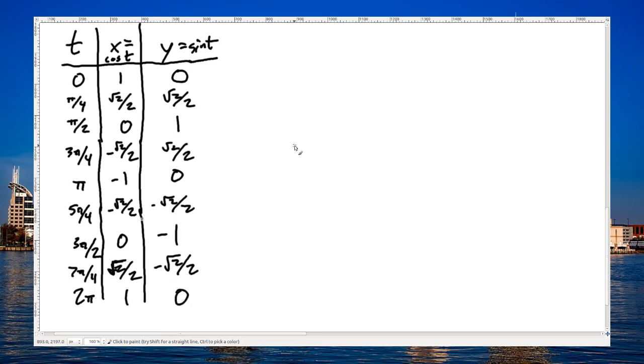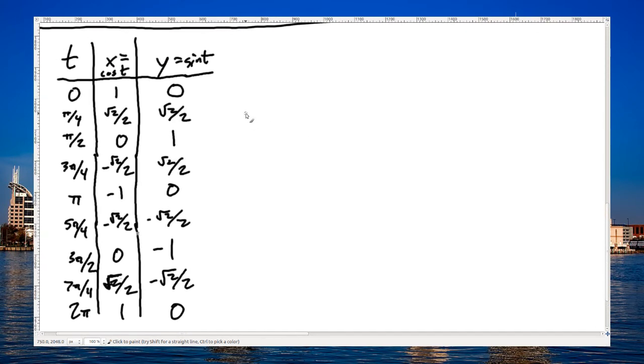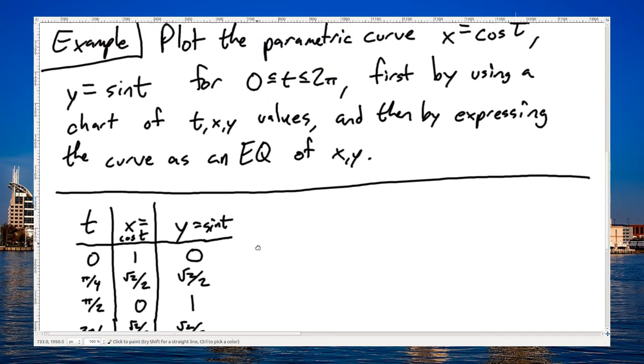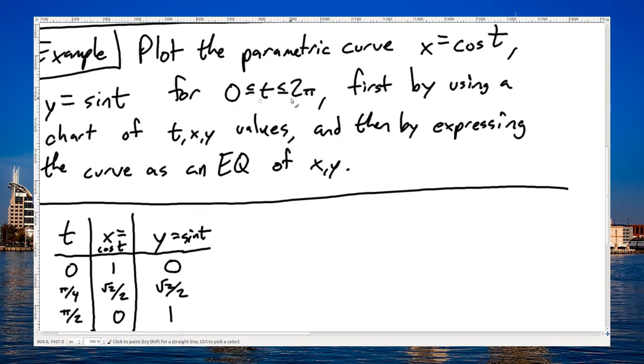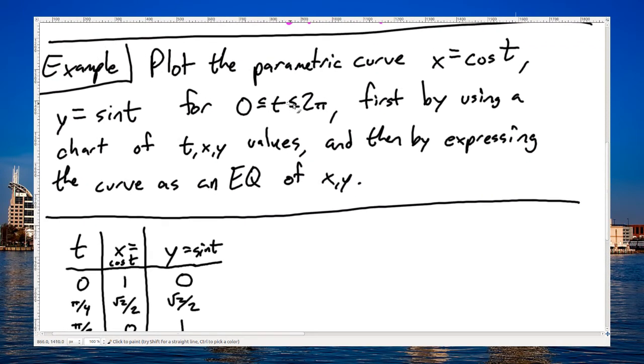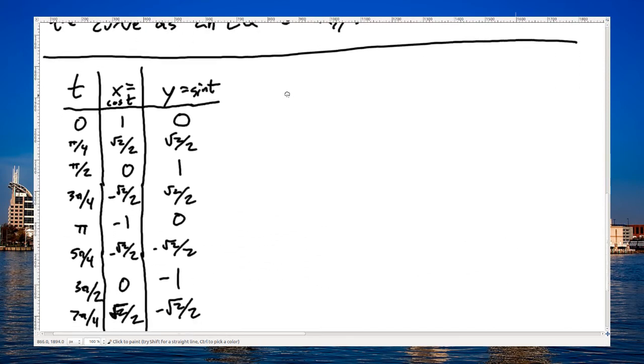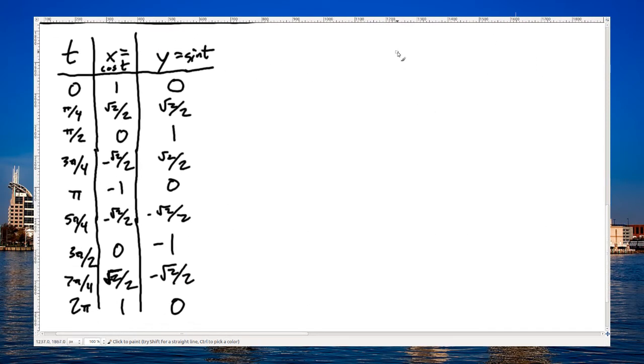Okay, so there is my chart of x and y values. I don't know anything about the curve yet. All I was able to do was just kind of naively plug in t values from the interval, or you can call this the domain of these parametric equations. We plugged them into x and plugged them into y, and now all I'm going to do is just plot these points and connect the dots.